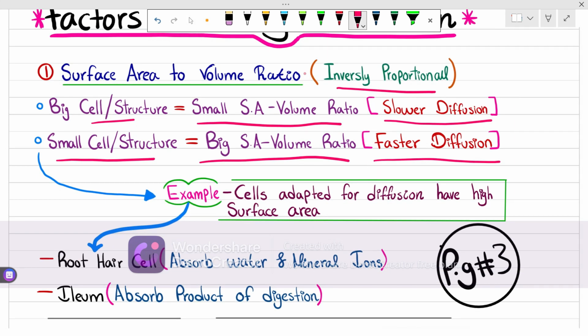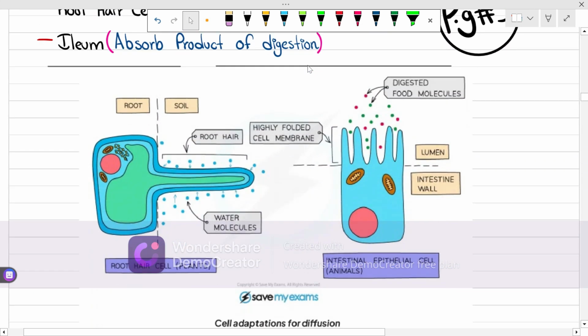Examples of cells adapted for diffusion with a high surface area are the root hair cell, found in plants, to absorb water and mineral ions, with a large surface area and thin walls to absorb water. And the ileum in humans, to absorb products of digestion in the small intestine. This is the root hair cell, and this is the ileum epithelial cell.